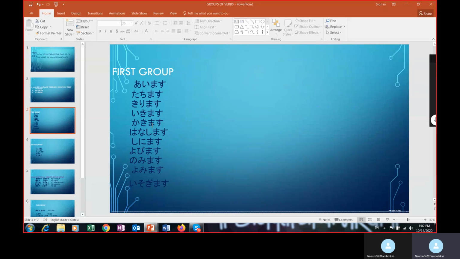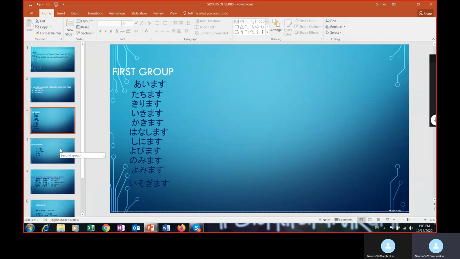Like all these verbs, when we remove masu, the stem ends with an i sound. Whenever the stem of the masu form is in the i sound, it is considered a first group verb. So these are all the first group, that is Godan Doshi. I hope you understood how to recognize the first group.